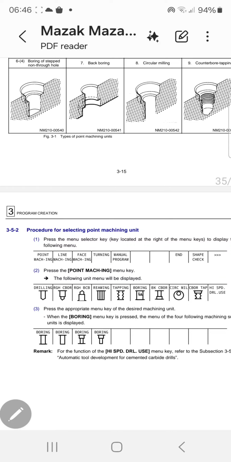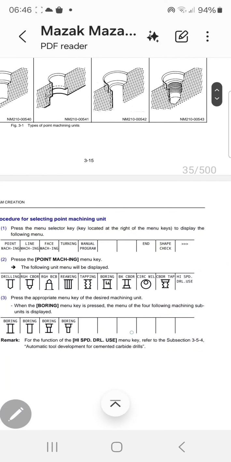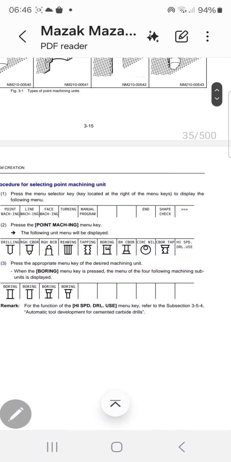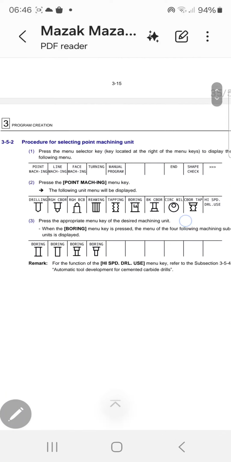The boring manual key is pressed, and the unit manual of the following machine appears. It is boring. For the manual function, high spindle drill, use the manual key section, automated tool develop, cemented carbide drill.